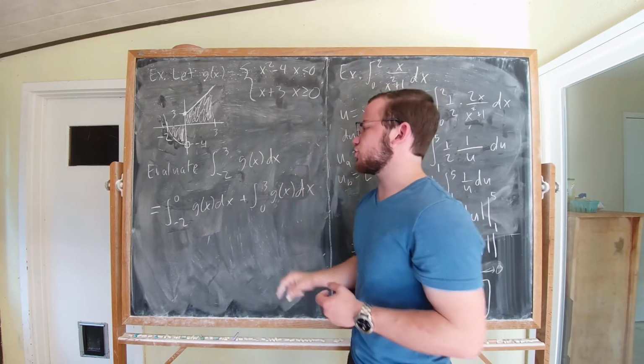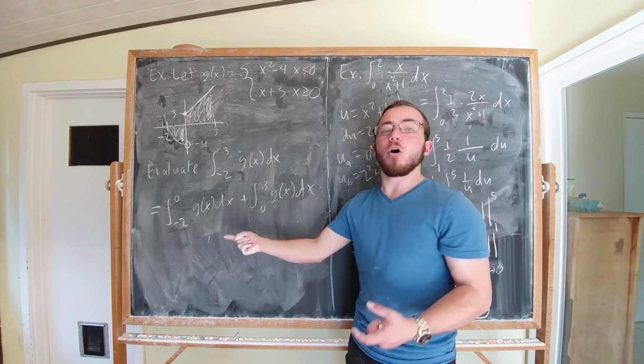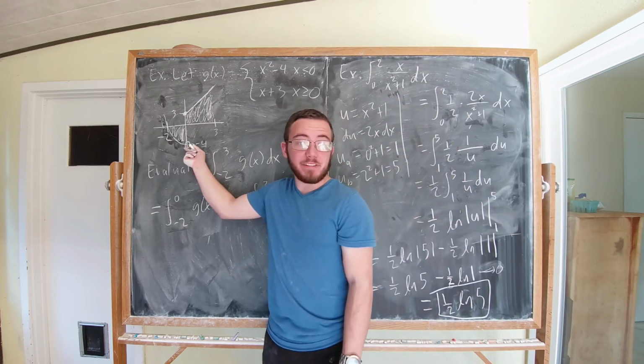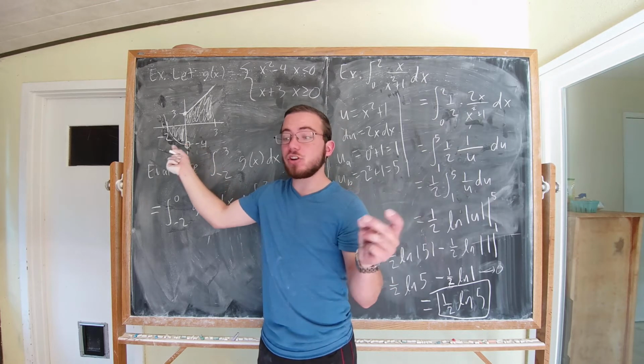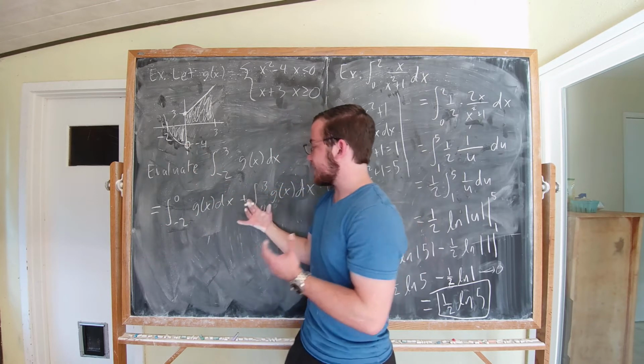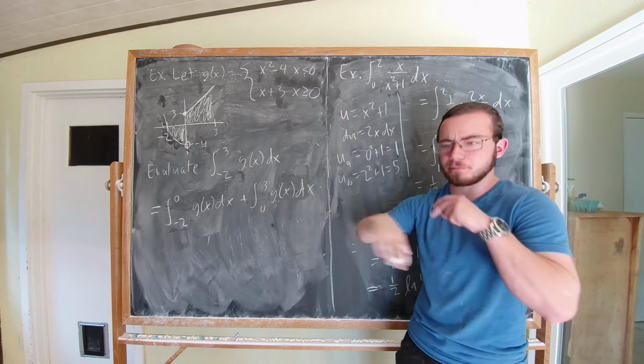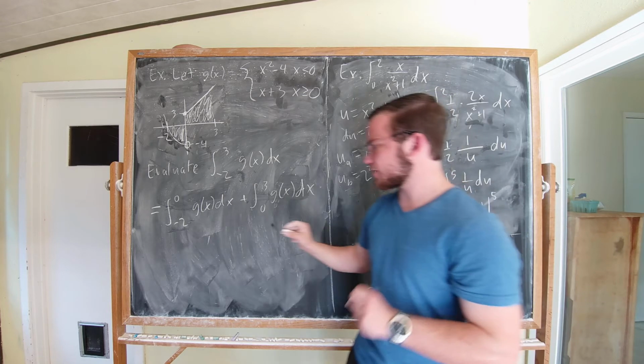And you're like, sure, that's true because 0 is between negative 2 and 3. Why do we choose to split at 0? Because 0 is the place where the function splits. Anytime we have a split in the function, we can split the integral, and now we can handle the integrals in chunks where we do know a single formula for g of x.